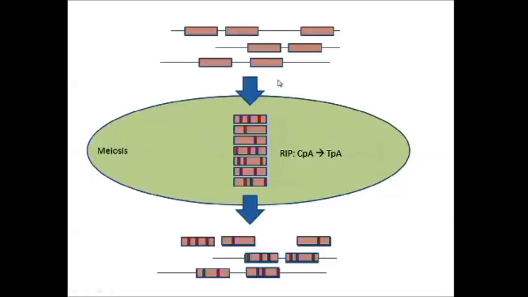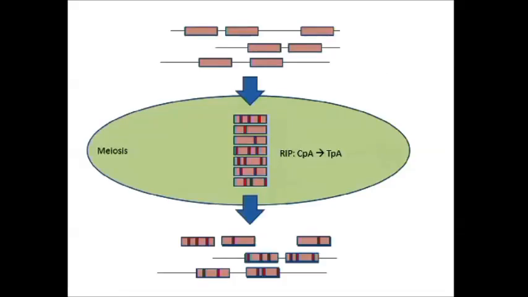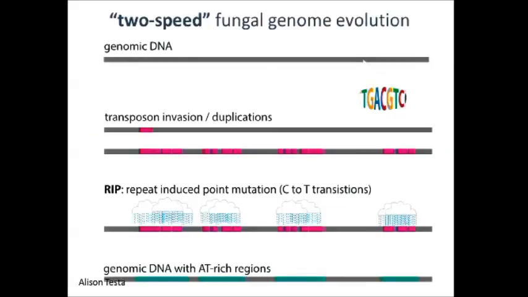So in summary, RIP acts upon repeats. It's associated with meiosis, but perhaps it actually does occur just before meiosis, not during meiosis. And then it leads to a lot of these SNP mutations accumulating throughout the genome, and potentially in gene regions neighboring repeat regions.